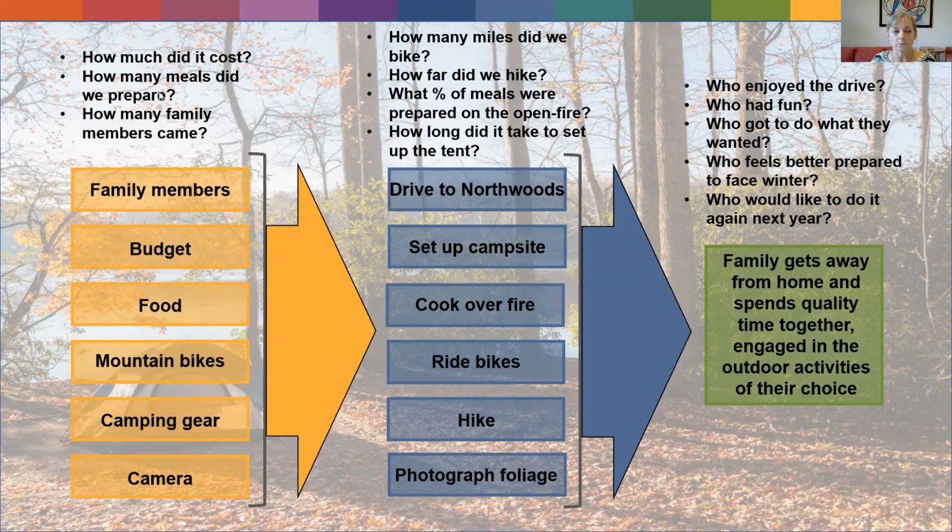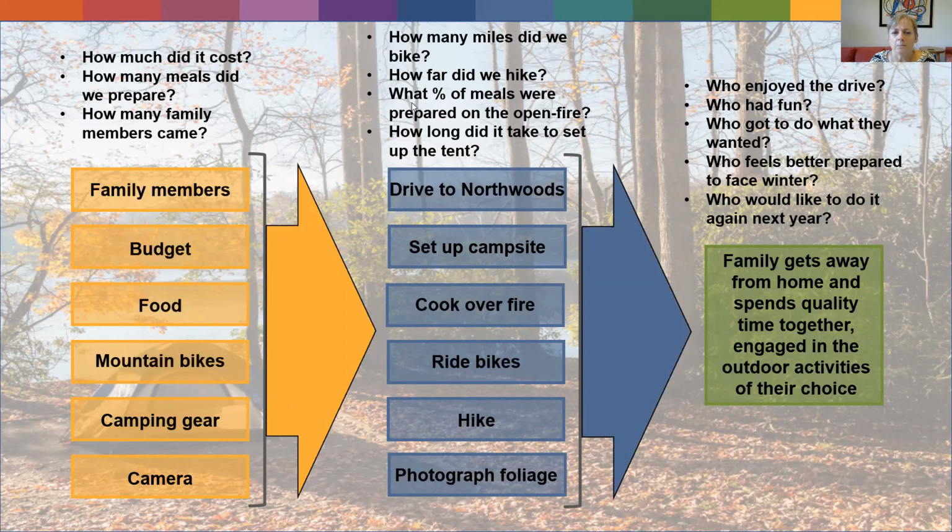How many meals did we prepare? How many family members came? How many miles did we bike, and how far did we hike? Maybe the kids have Fitbits, and maybe they have competitions with their friends and they want to record that. So they're kind of interested in those details. So those are all kind of, how much did we do?